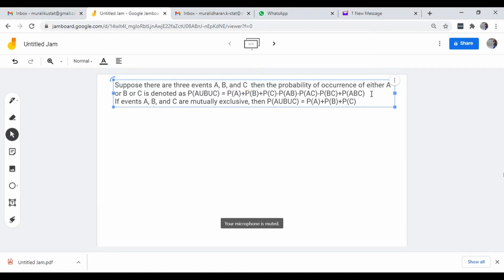You'll get only P of A plus P of B plus P of C. So this is the formula. This is just an extension for three events.